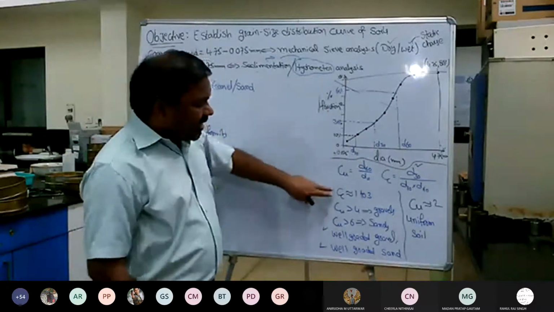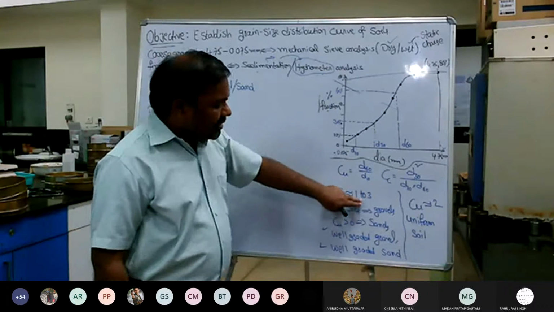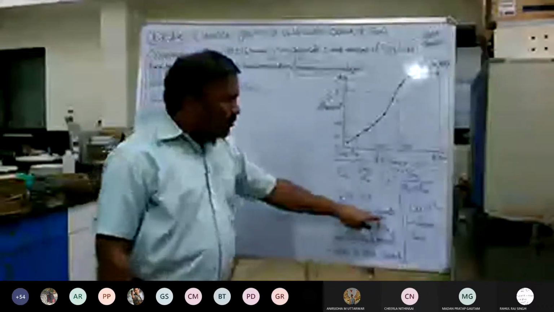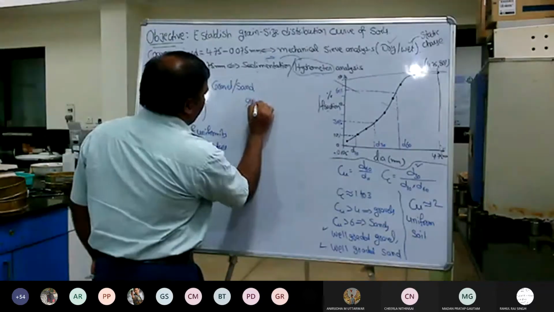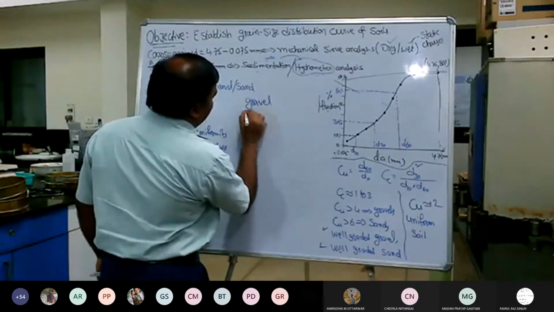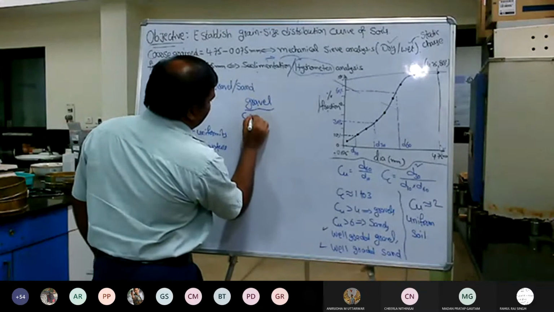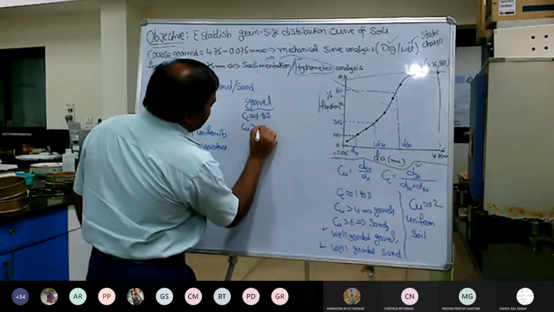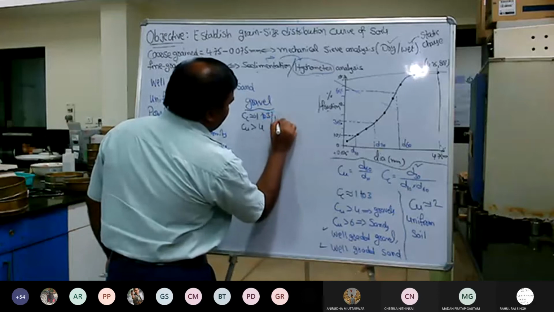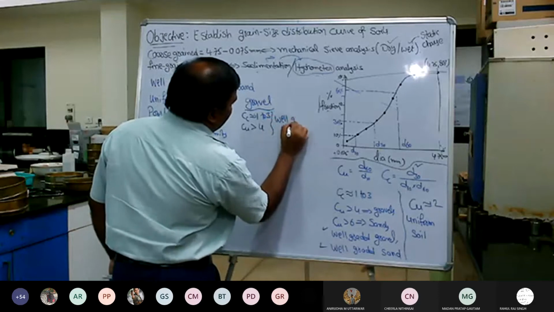But the condition is that for gravel, if Cc is between 1 and 3 and Cu is greater than 4, then this is called a well-graded gravel.